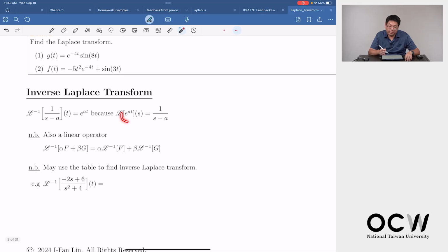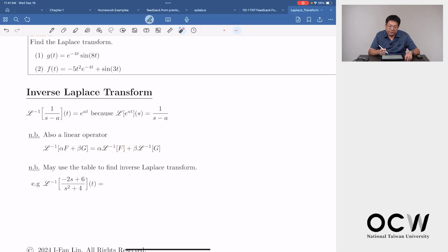Since we know that the Laplace transform of e to the at is 1 over s minus a, then the inverse Laplace transform of 1 over s minus a will be e to the at. And we also have a linear operator. If we have a linear combination of Laplace transforms, then for the inverse Laplace transform, we can separate them: do the inverse Laplace transform of each itself times the constant, and then add them together.